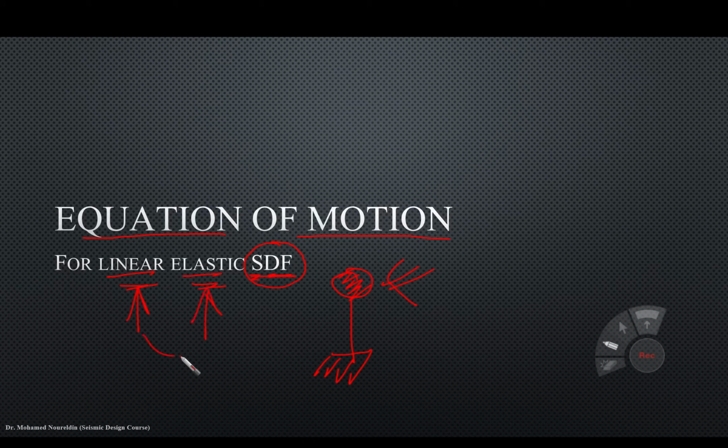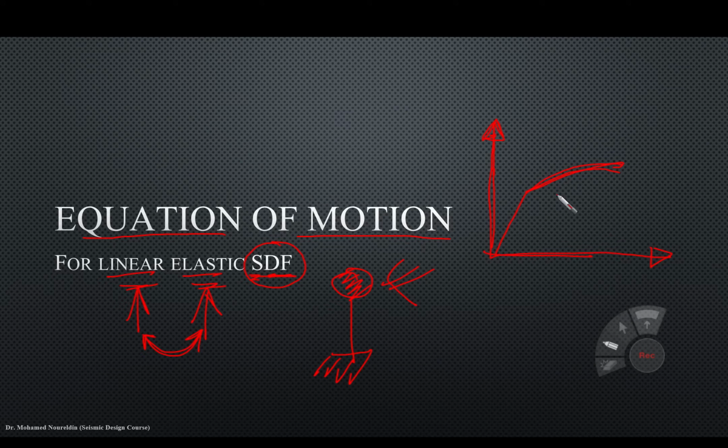Actually, there is a difference between linearity and elasticity, as you know. Sometimes we are dealing with a material that is linear in some part and then nonlinear in another part. With materials like concrete and steel, they are either linear and elastic, or nonlinear and inelastic at the same time.